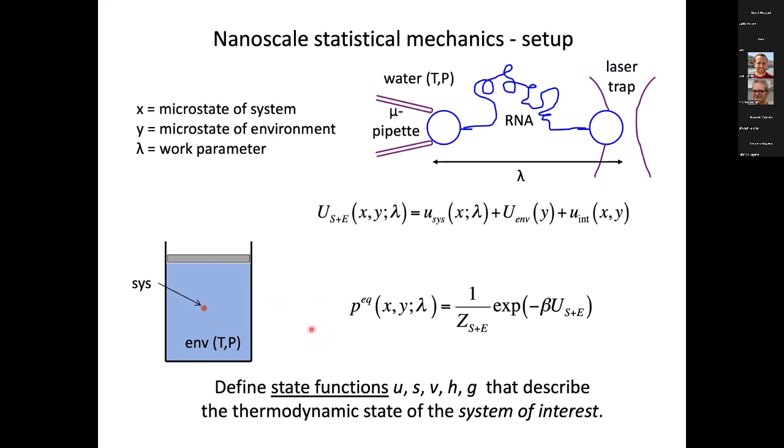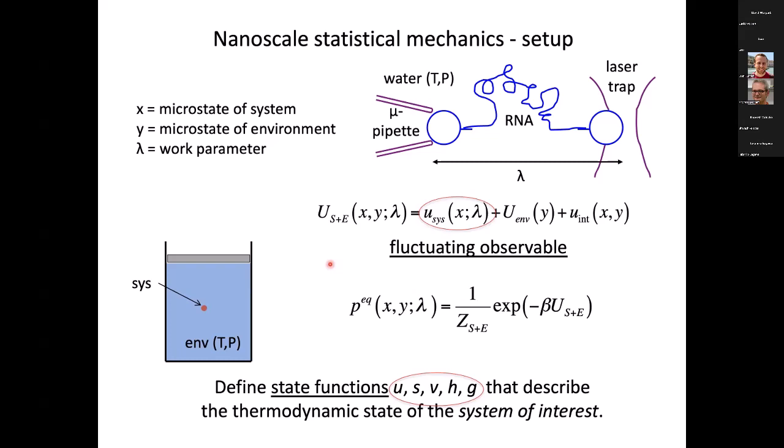Let me also direct your attention to another notational convention. Notice that this u sub sys here is a lowercase u with a subscript sys, for system of interest. That subscript appears over here, but it doesn't appear over here. So throughout this analysis, when I have quantities with the lowercase sys on them, those are going to be so-called fluctuating observables.